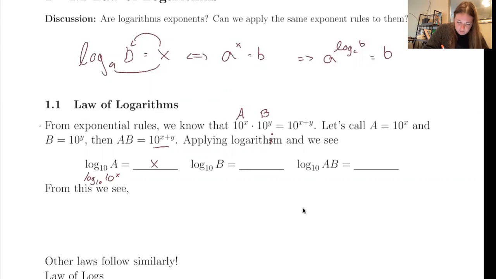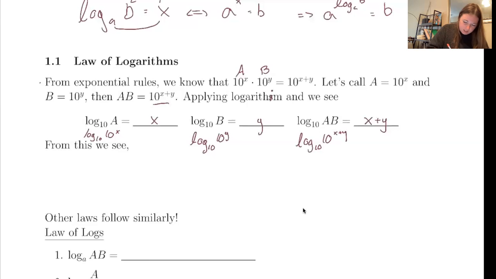Similar for log base 10 of B, so it'll be log base 10 of 10 to the Y. What can I raise 10 to get 10 to the Y? I can raise it to the Y power. And for log base 10 of AB, we know that's going to be log base 10 of 10 to the X plus Y, and similarly, that's going to be X plus Y.